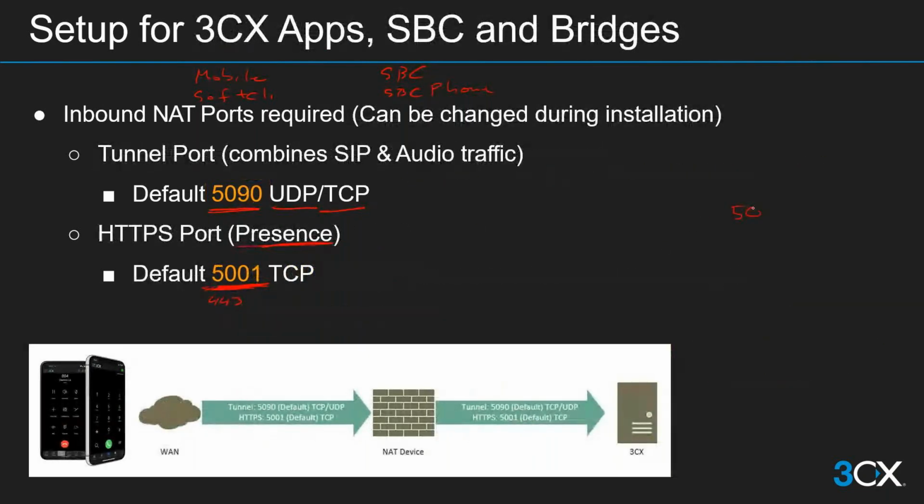So we have 5060, 9000 to 10900, and HTTPS, which I leave now at 5001. These are the ones from the first slide. Now on this slide, I add to it 5090. And I can tell you now, with that, we have all the ports forwarded that we need for the whole setup. Everything else from now on will be replication, except we are looking then into secure SIP. There are then additional ports to be added.